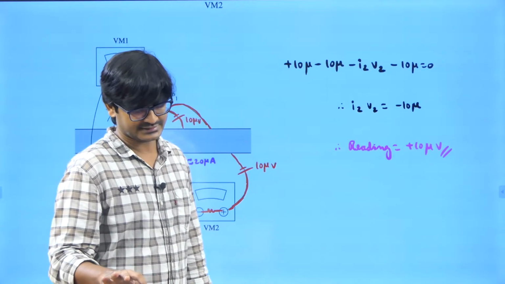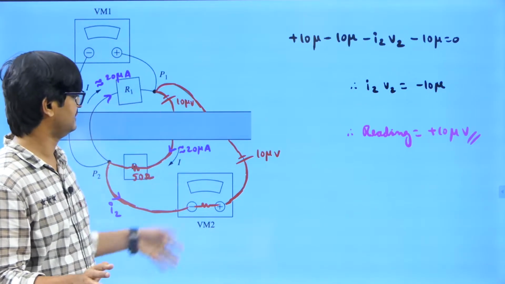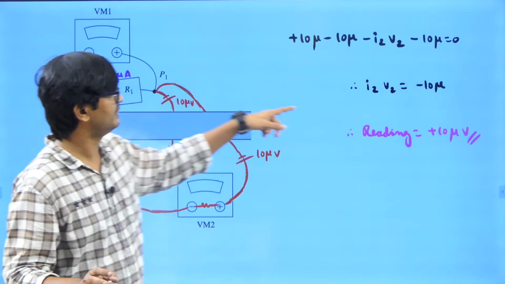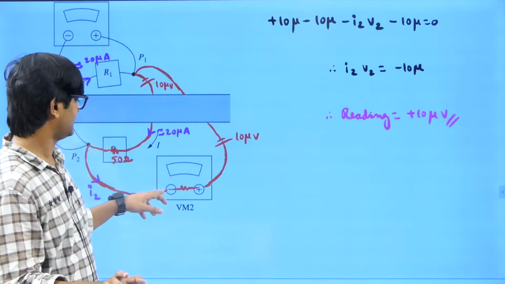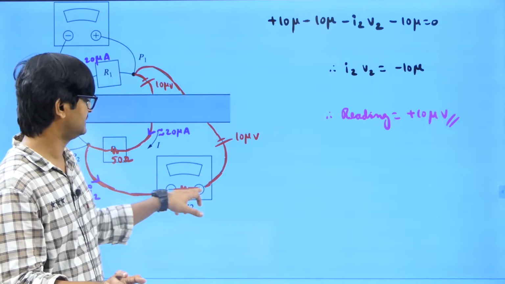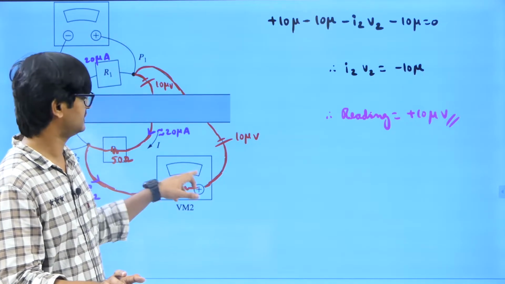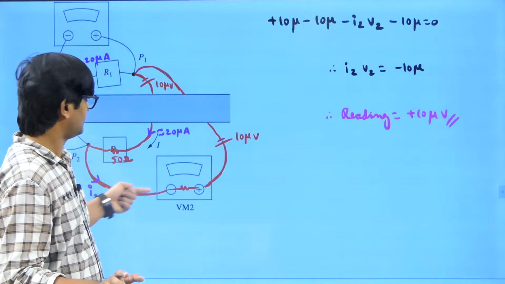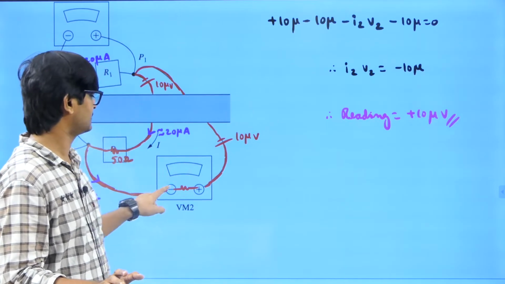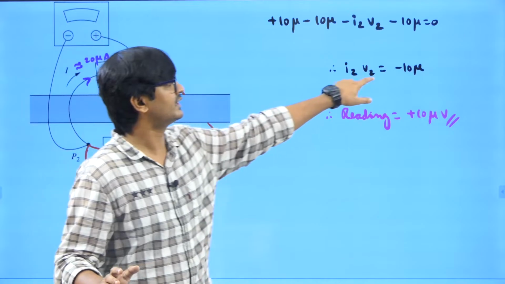So in the next case, if you take the second loop, I can draw the same thing, and when I write the loop equation, I will be getting minus 10 microvolt. Now I assumed this has higher potential, this has lower potential, because current is going in this direction, right? So according to my loop equation, I assumed this has higher potential, this has lower potential, but what I got is a negative value.